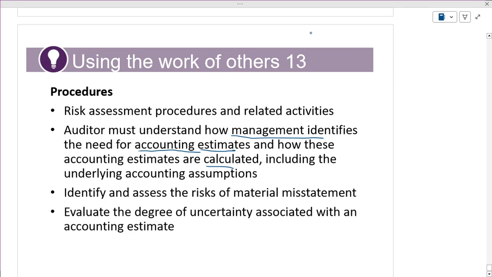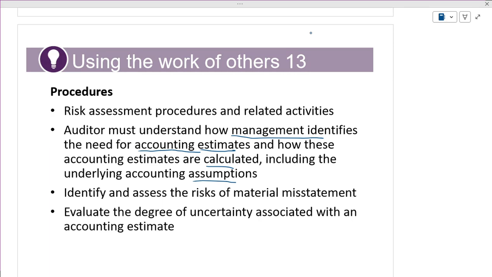If they are making any assumptions, the service organization or the experts have to show the assumptions. The procedure is not going to be anything different. The only thing that makes the difference is that the external auditor is responsible for everything.